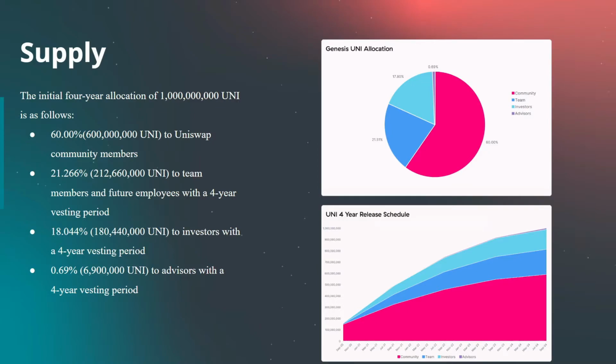Well, I think it's a very fair launch because they distributed most of the tokens to the community and the release schedules are not that bad. But we will talk about the Uni-Token and its utility on the next slide, which is not much.